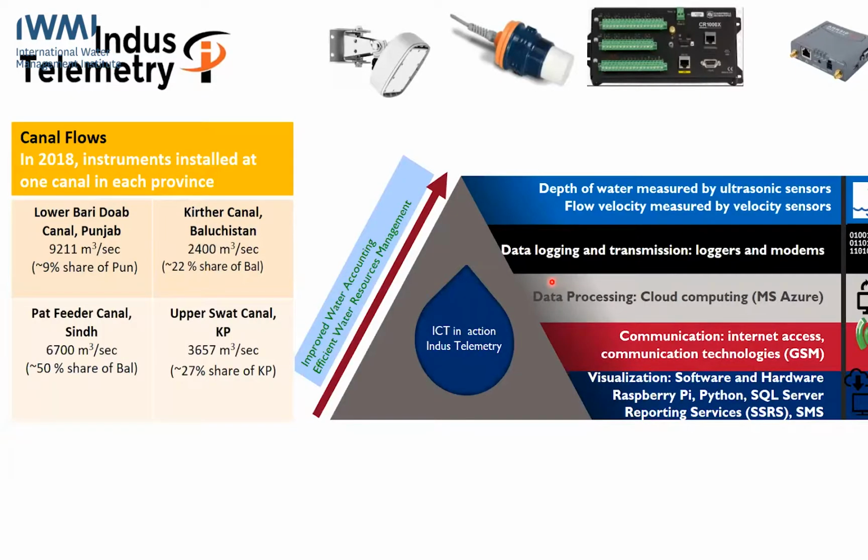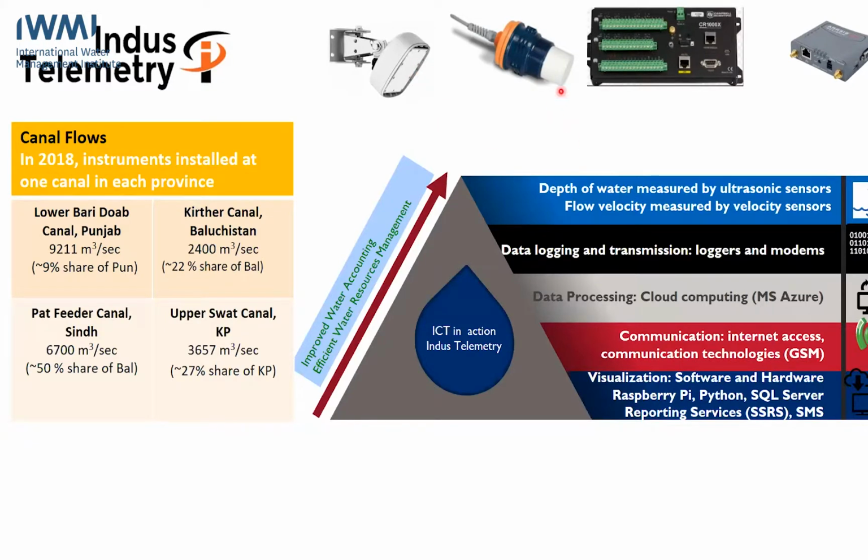Now I come to the theme of today's talk, that is the technologies we use for canal flow monitoring. So you can see that on the top, these two pictures are of the sensors we use. This sensor is the rangefinder, which we use to estimate the depth. These are the velocity sensors we use for measuring the flow velocity.